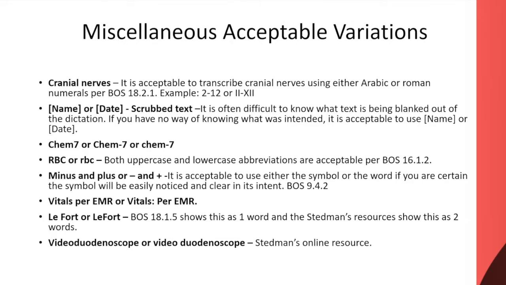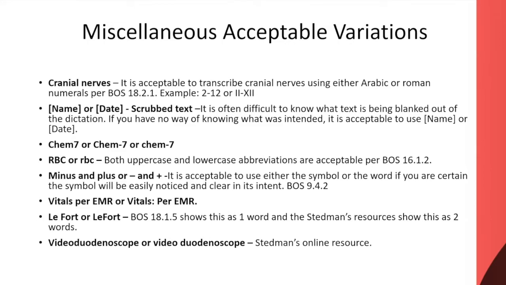Minus and plus, so either typed out or symbols. It is acceptable to use either symbol or the word if you are uncertain the symbol will be easily noticed. So for clarity of its intent, you can spell it out per BOSS 9.4.2.